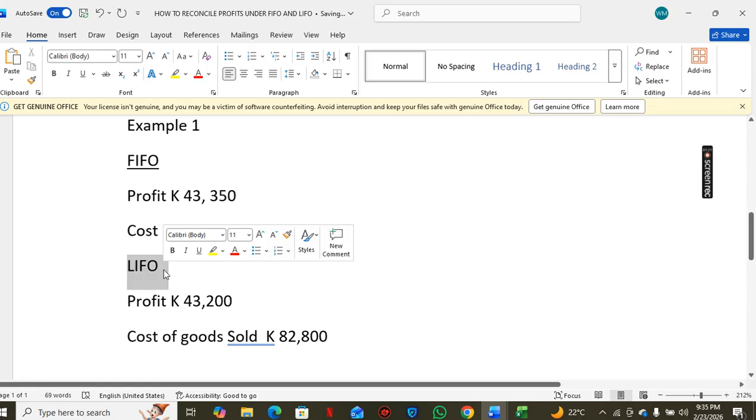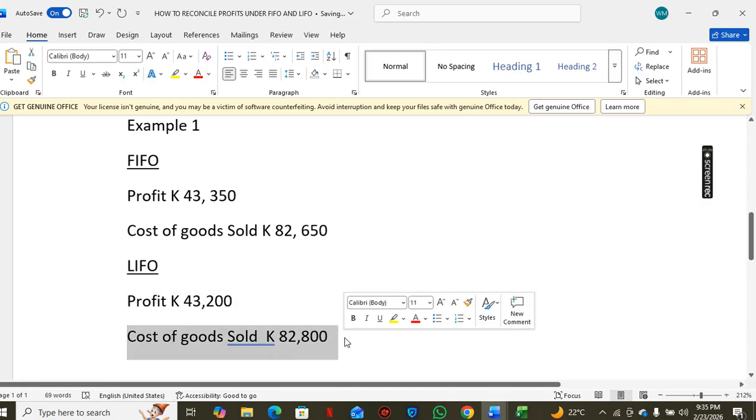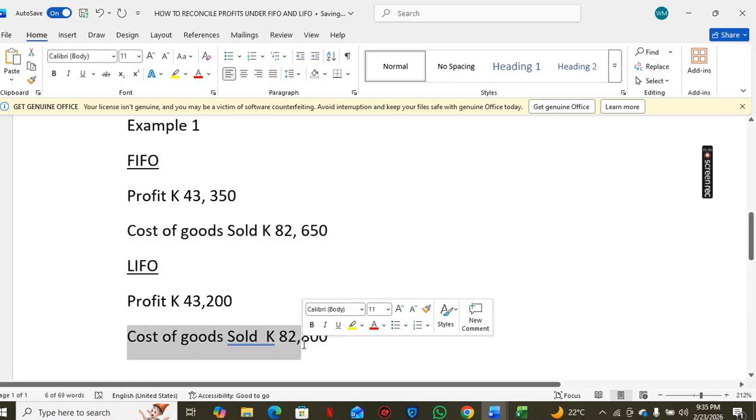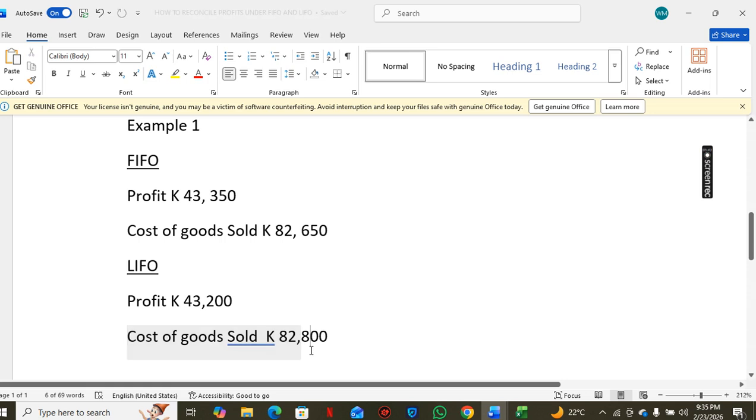Then under LIFO, profit 43,200, cost of goods sold 82,800. These are the main reasons why the profits are different. The sales revenue will be the same, but the profits will be different. So we're going to start with our FIFO profit so that we can end up with our LIFO profit.